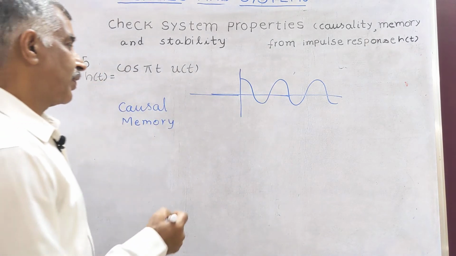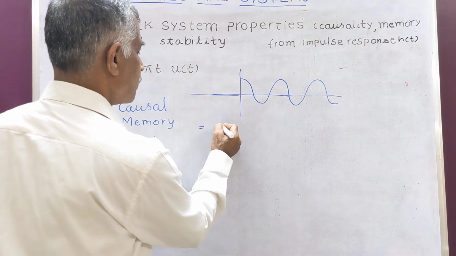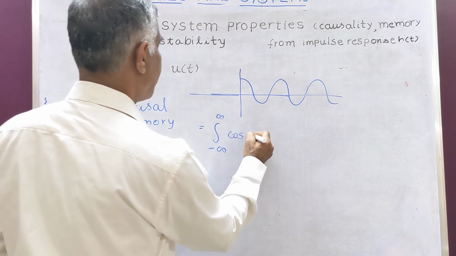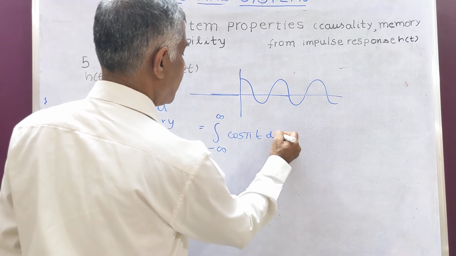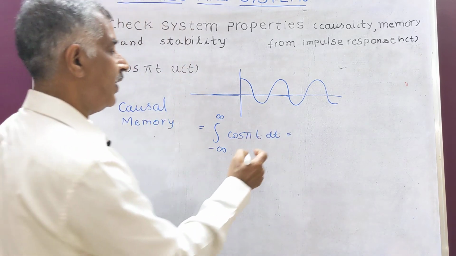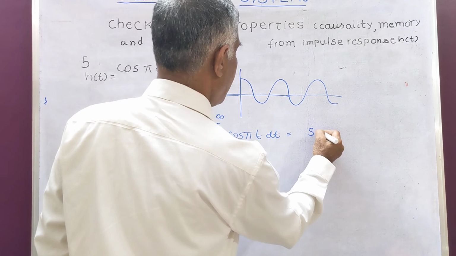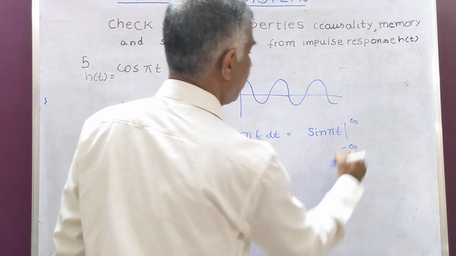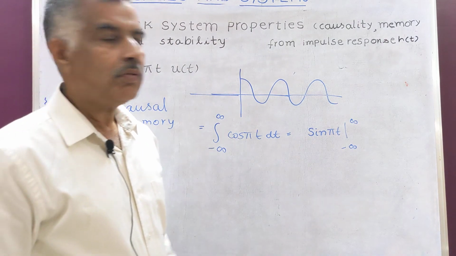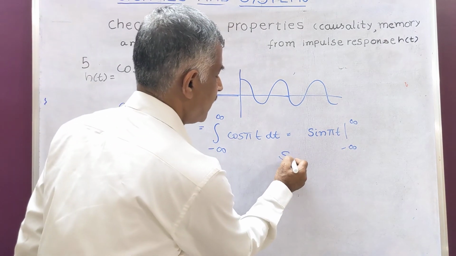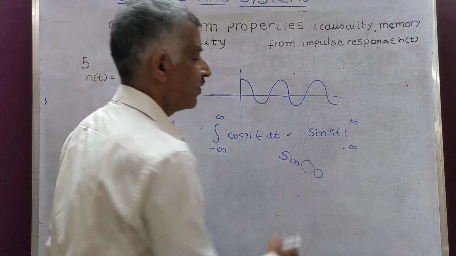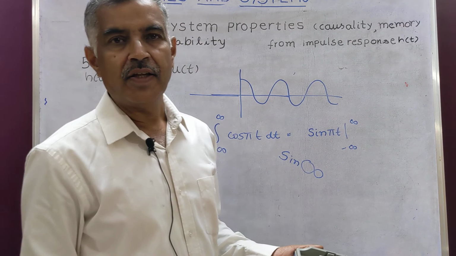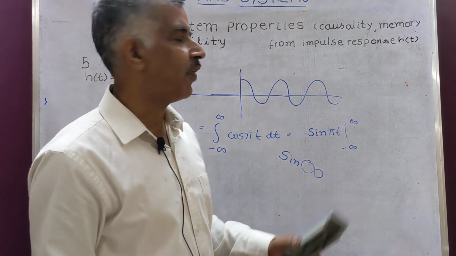And lastly, one has to integrate between minus infinity and infinity of cos(pi t) dt. Now, integrating, cos(pi t) gives sin(pi t) between minus infinity and infinity. Sin of infinity is not defined; nobody has defined it.